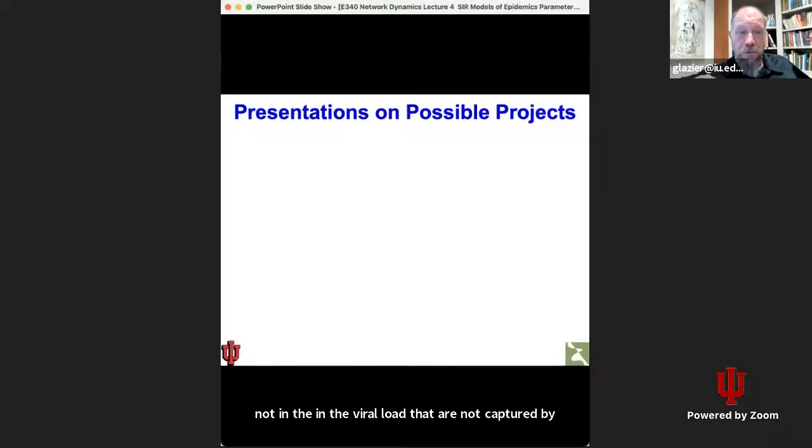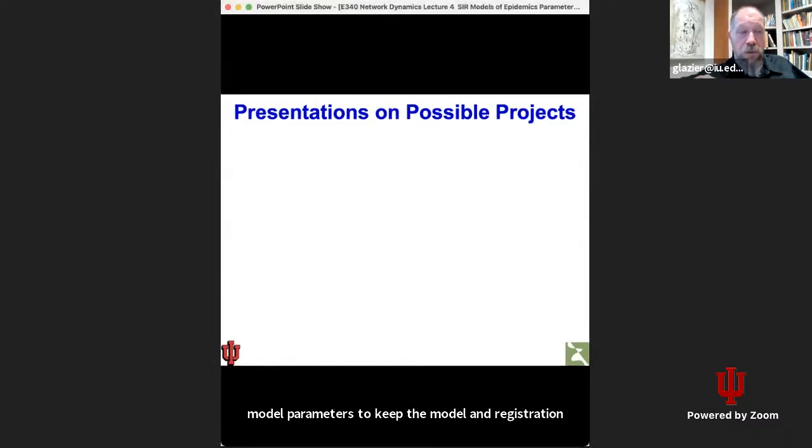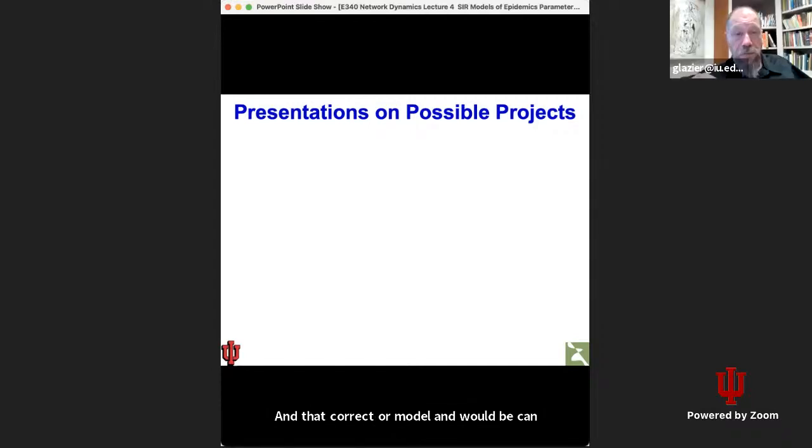If you use the same method to adjust the model parameters to keep the model in registration with the experiment, that would be really interesting because you'd basically be saying there's missing information in the model. And that corrector model then would be capturing some kind of mechanistic information that wasn't present in the original model.